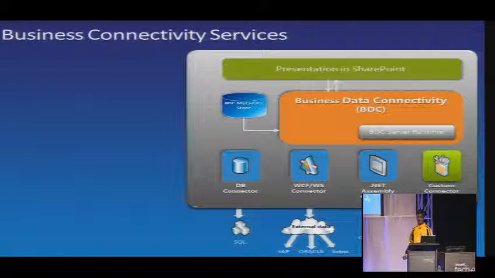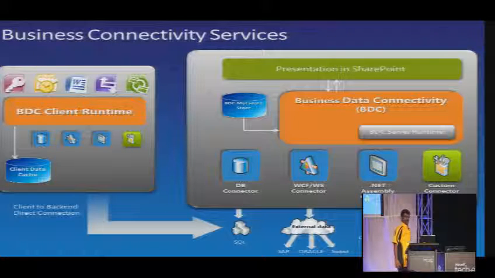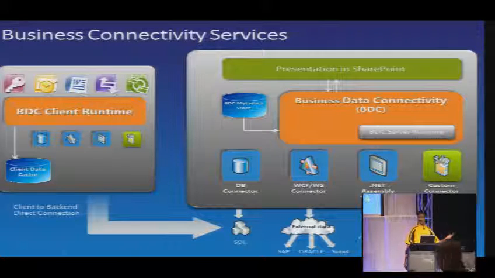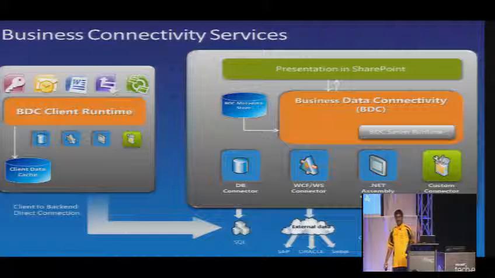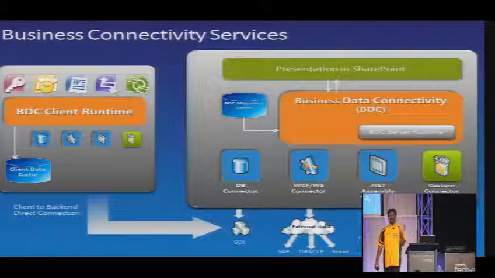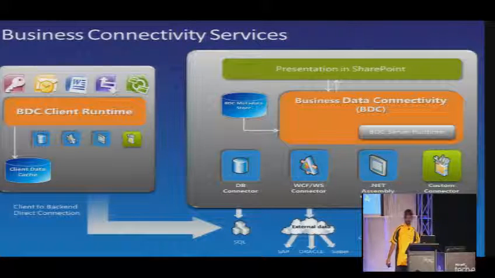Once you have the BDC, everything is stored in a BDC metadata store, which is handled by the BDC service application in SharePoint 2010. Once that's all in place, you can use the presentation features in SharePoint and present it as an external list, an external data column, or whichever way you want. Nice and easy. Now this extends to the client using the BDC client runtime, which handles all this BDC stuff so that it can render in Office client apps.